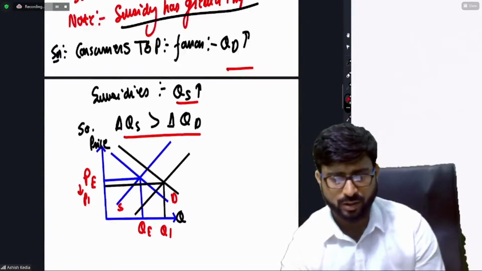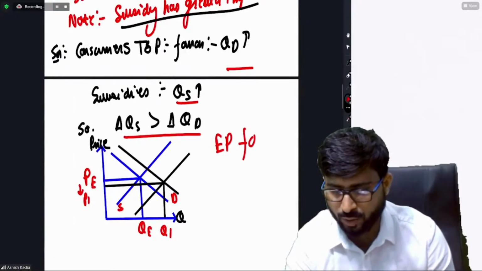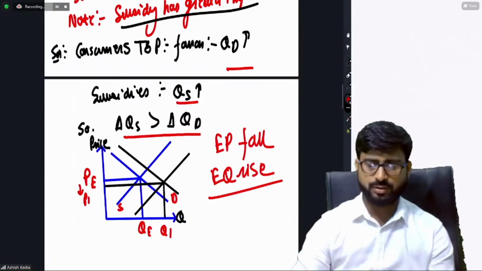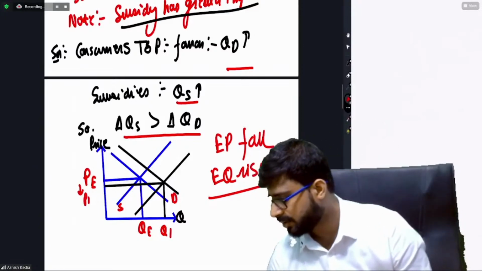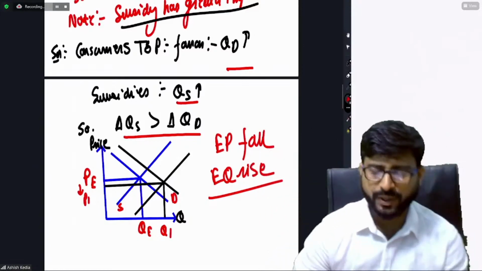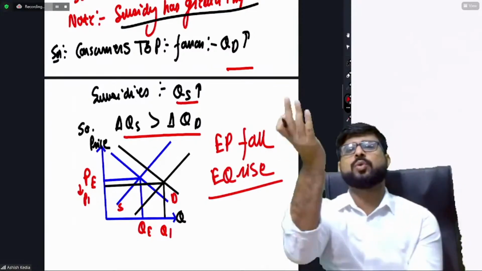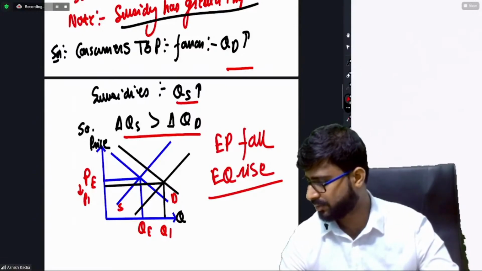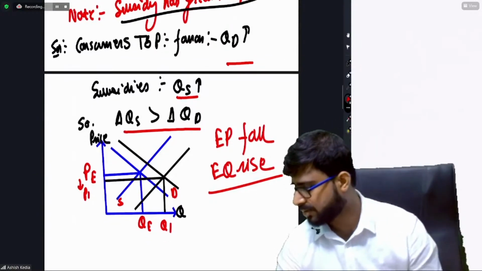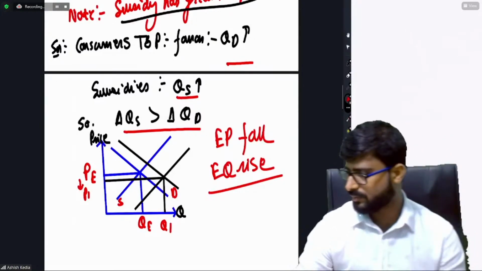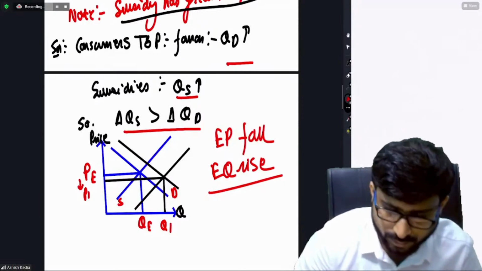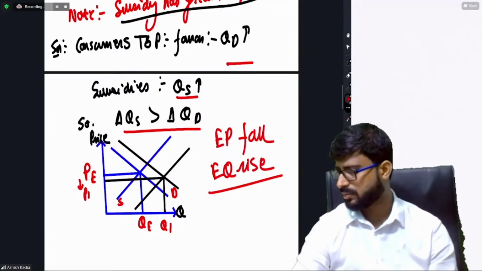So, your answer should be equilibrium price will fall, equilibrium quantity will rise. Yes or no, everybody? Come on. Equilibrium price will fall, you see, because supply is going up now. So excess supply is happening, common sense. Correct. Fall, rise. Correct.